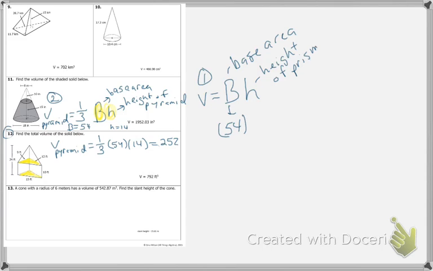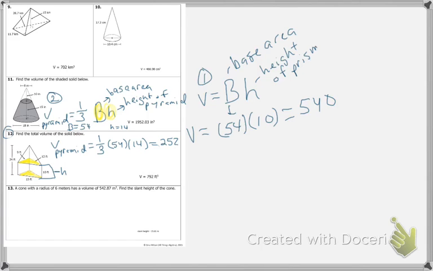So we have big B, 54. Now let's look at the height. Those two highlighted areas that I just highlighted are your bases. That means this distance right here is the height of the prism. So we just put that in. My volume of the base prism of that figure is going to be 540.